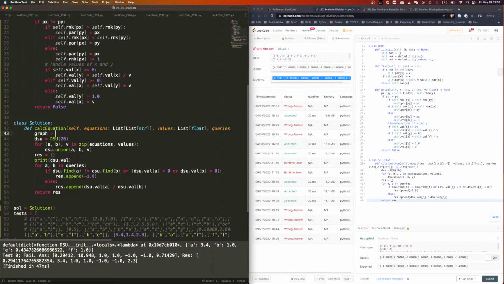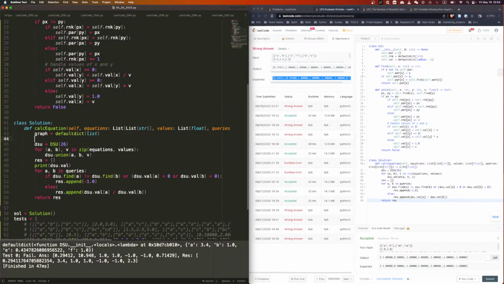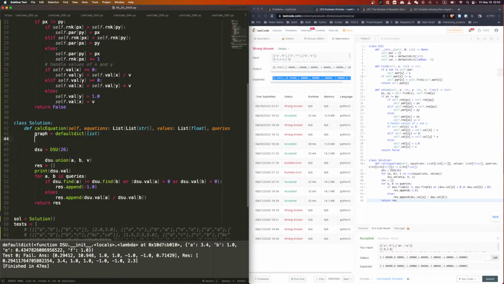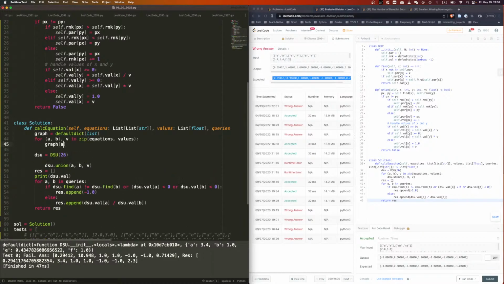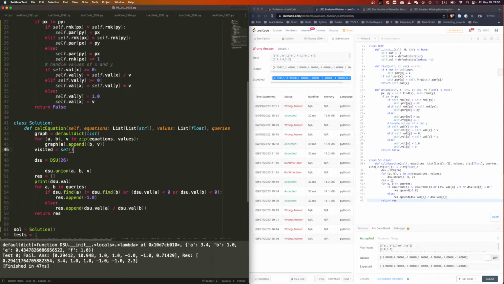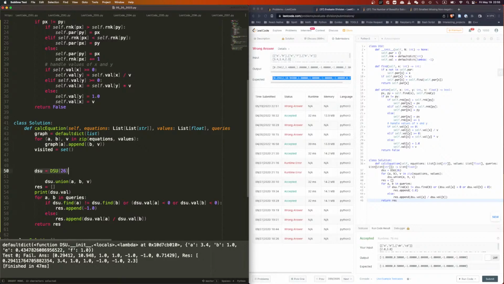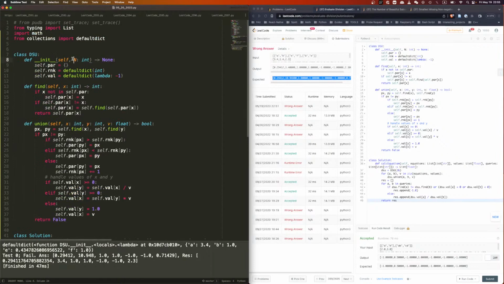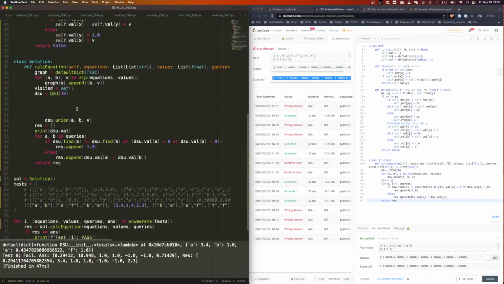Graph equal to default dict of list. So for this, graph a dot append b, v. Okay, so blah blah blah, and then a visited set when the DFS is done. DSU doesn't even need this n, useless.